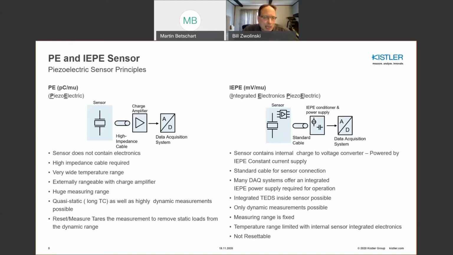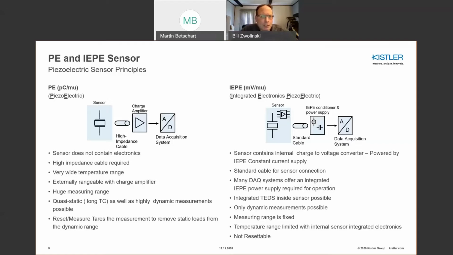So any static mass that you might have is basically removed from the ranging solution, and you can optimize on, say, a dynamic portion or a quasi-static portion of the measurement at that point. So it gives you the ability to allocate the dynamic range of the measuring chain to the event that you'd like to measure. Pretty powerful.